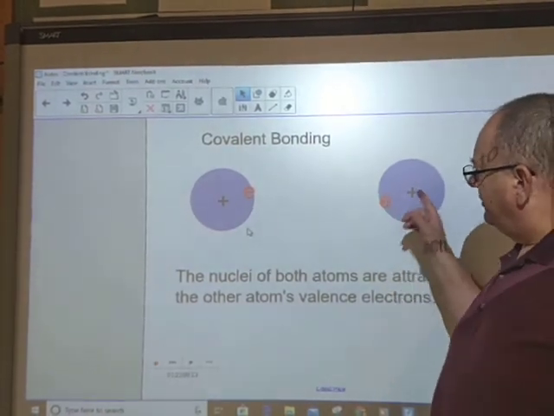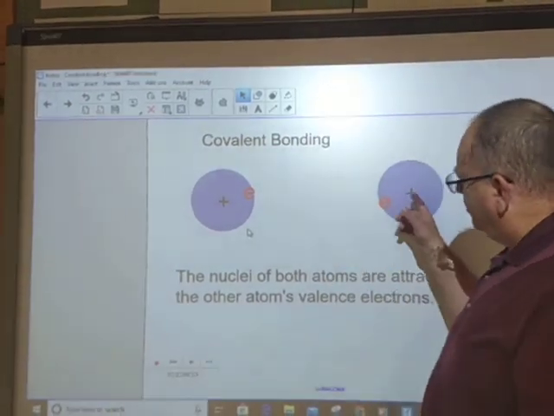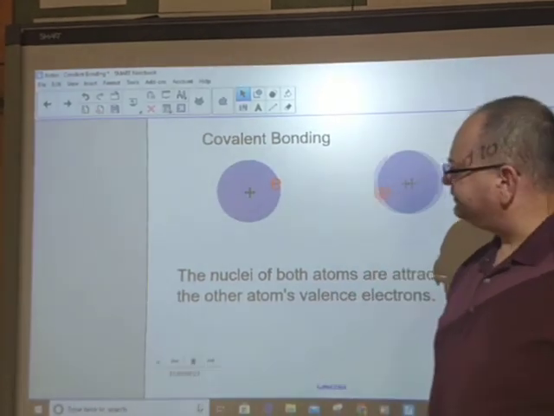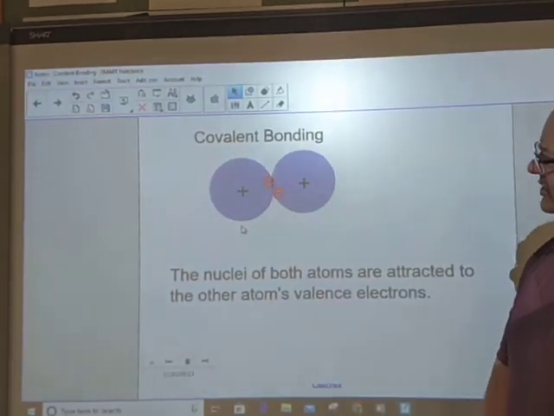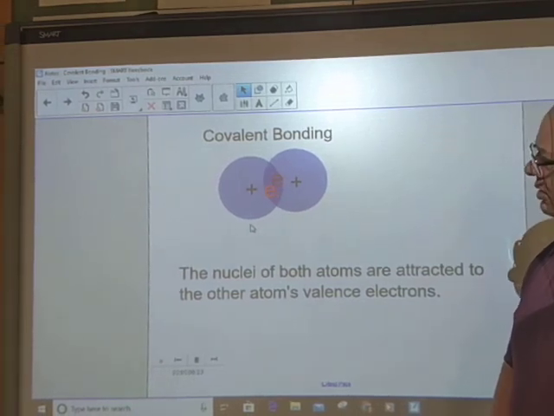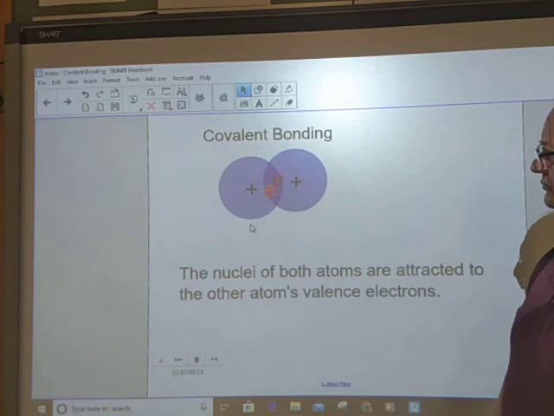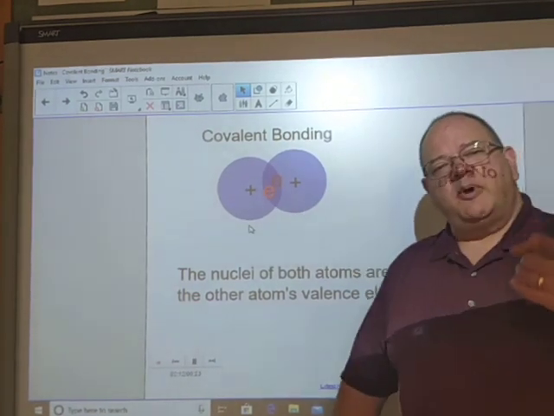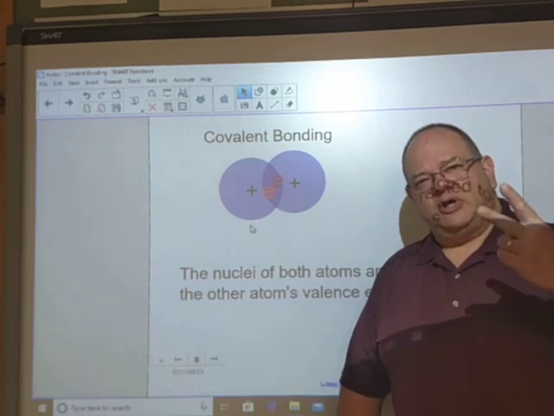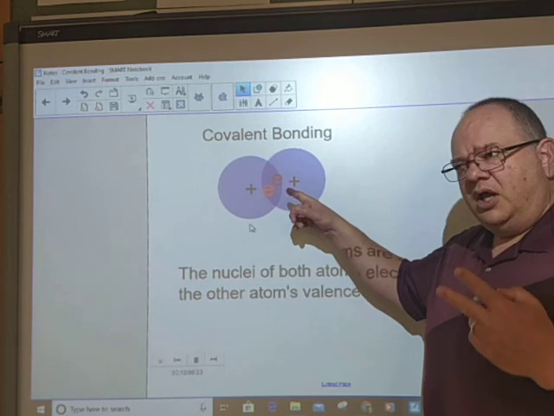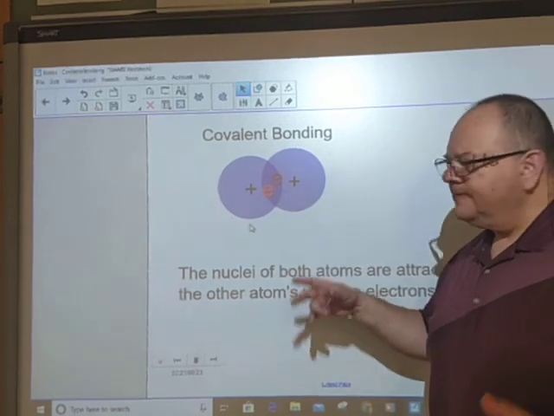Okay? So if this nucleus is attracted to that electron and vice versa, let's see if this works. We see these 2 atoms kind of pulling together until they share that pair of electrons. Now effectively there's 2 electrons by this one. Remember, the first energy level can only hold 2 electrons. So if hydrogen comes closer to another electron, it just filled up its valence energy level.